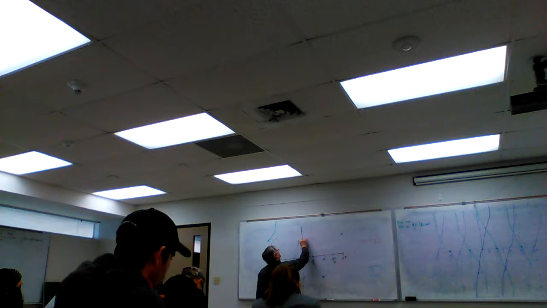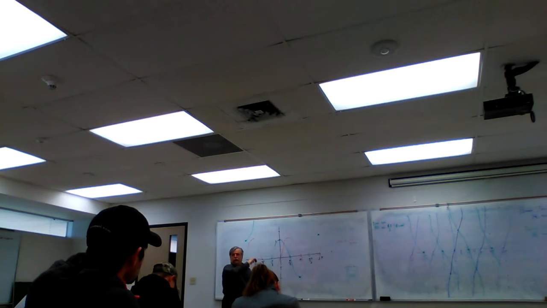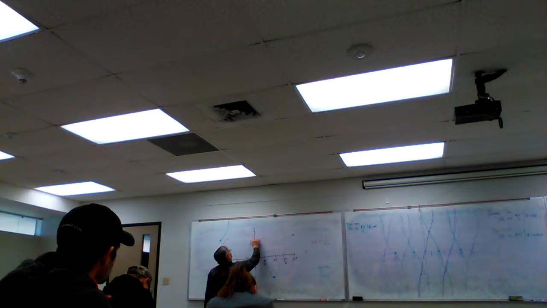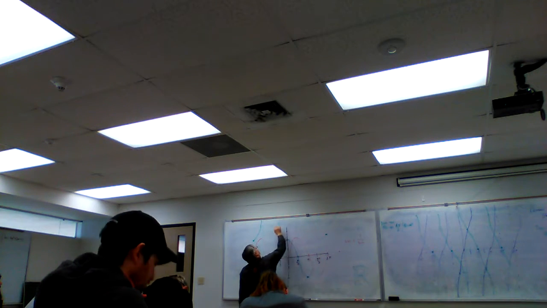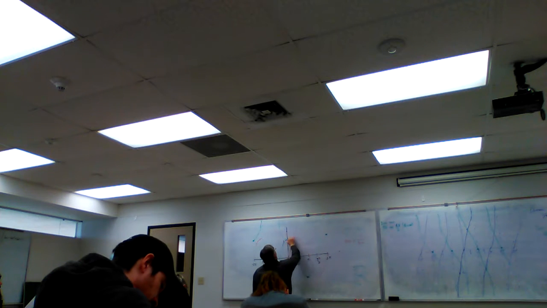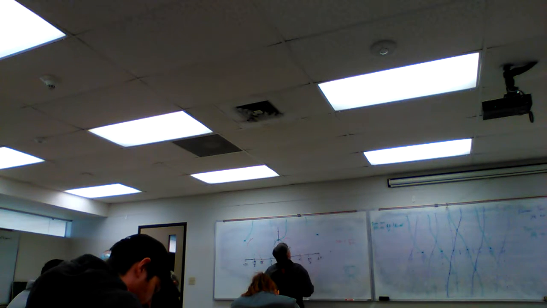When cosine is a little bit less than 1, secant is a little bit more than 1. The closer it gets to 0, the closer secant goes to infinity. Same there.